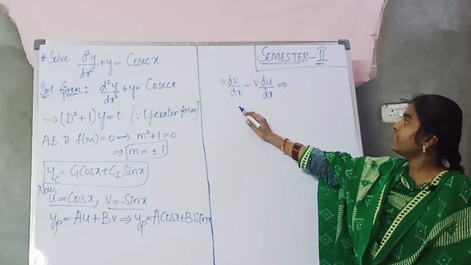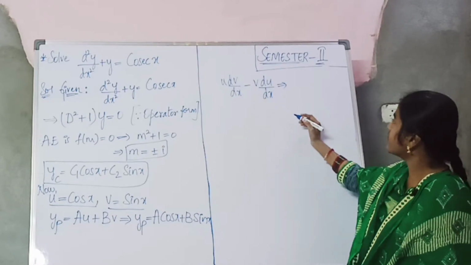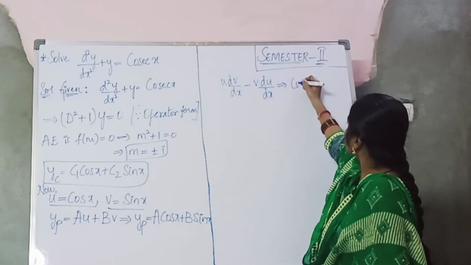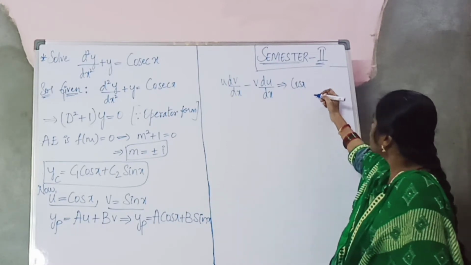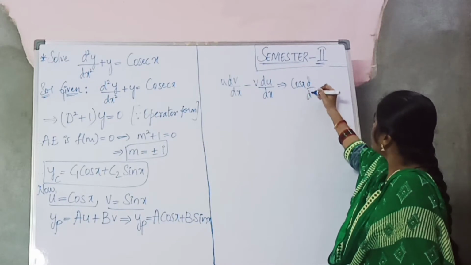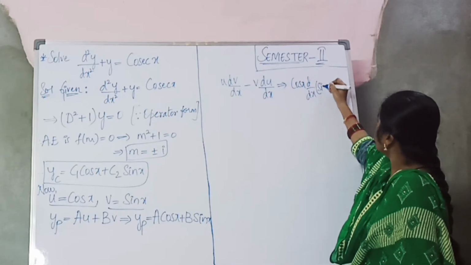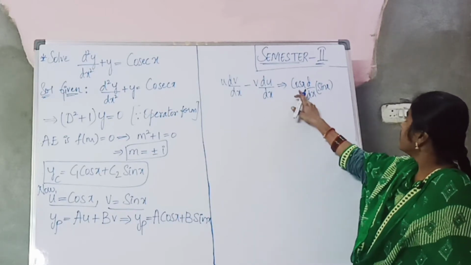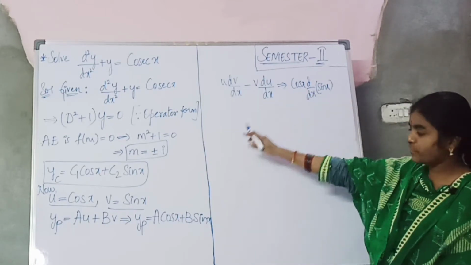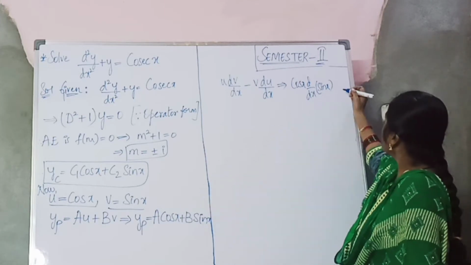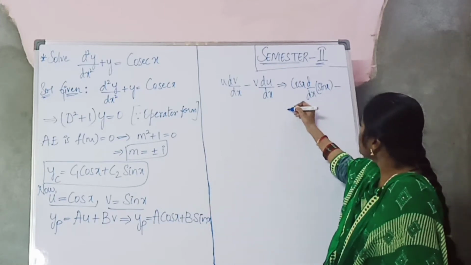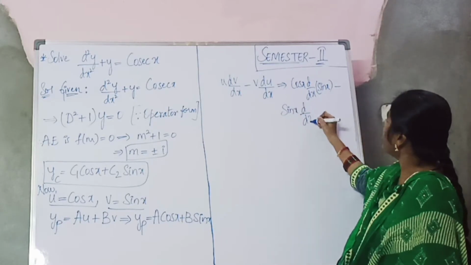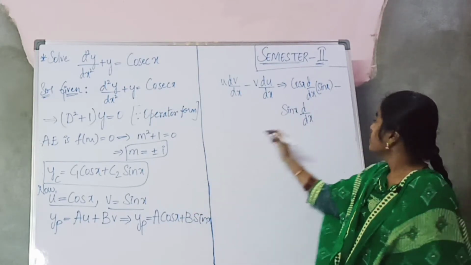U dv by dx minus v du by dx. Here u equals cos x into d by dx of v, which is sin x, minus v, which is sin x, into d by dx of u, which is cos x.